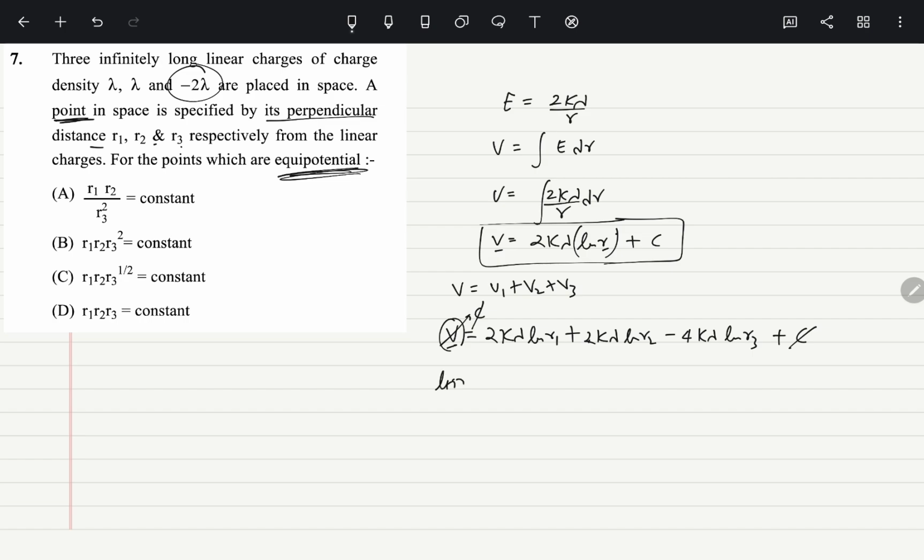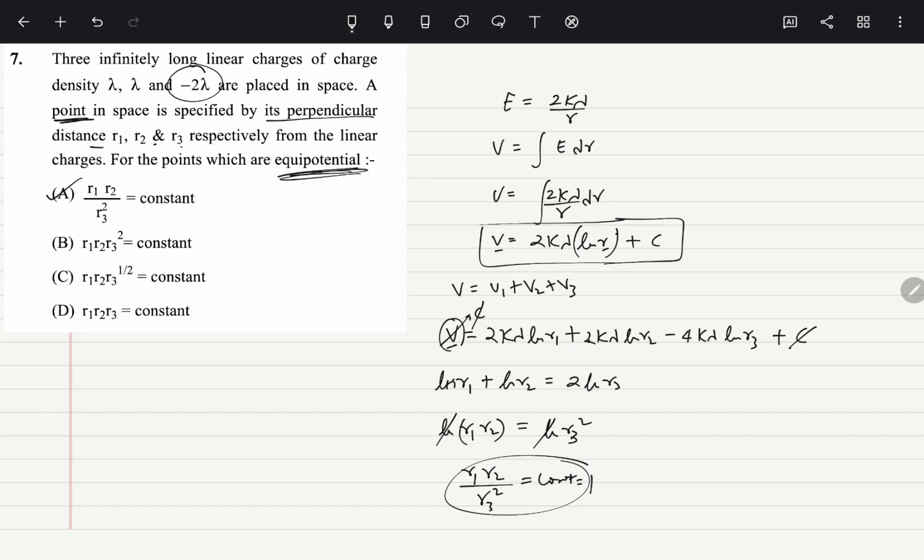Now we have the equation ln r1 plus ln r2 is equal to 2 times ln r3. So this can be written as ln r1 r2. Using the ln property, ln r3 square, so r1 r2 by r3 square is equal to a constant, equal to 1. So that's the relation we have, and option A is correct here.